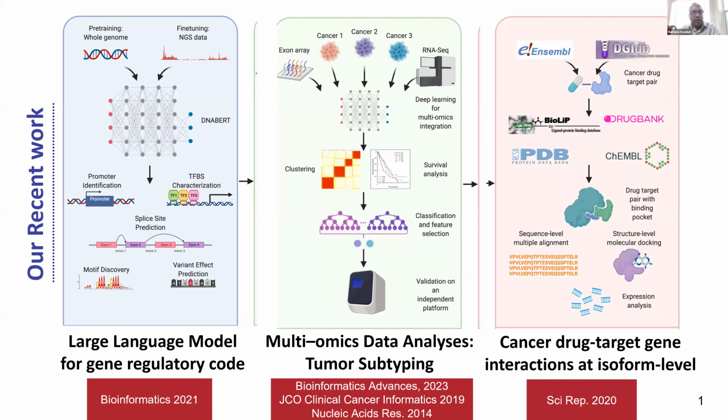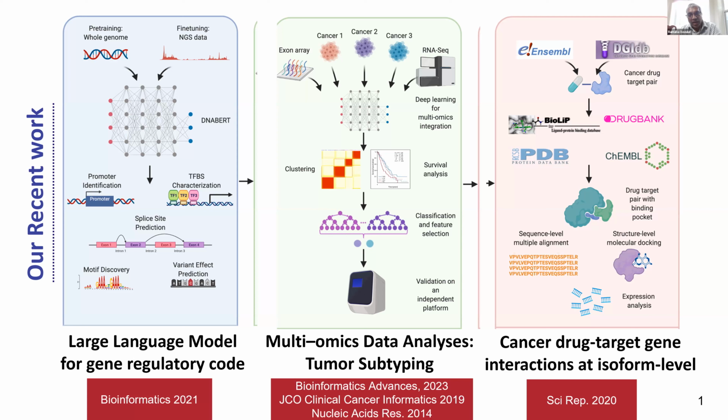So our lab mainly works at the interface of gene regulation, particularly informatic methods to study gene expression and gene regulation at the gene isoform level. Recently, we have developed a large language model for understanding gene regulatory code. So depending on the time, I will be talking mostly about this.